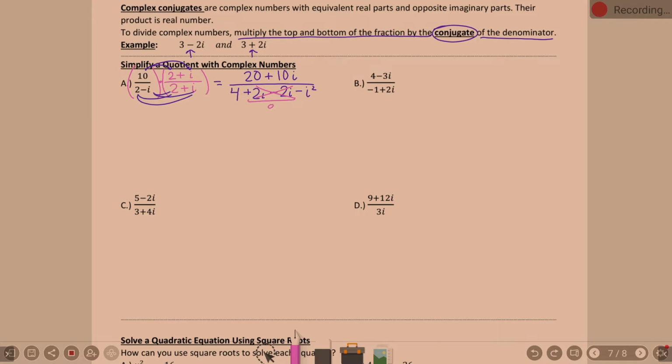What is i squared? Negative 1. So this really becomes minus negative 1. What's minus negative 1? Plus 1. And what are we adding that to? 4. Okay, so let's rewrite what we have. My numerator is still 20 plus 10i. My denominator, we have the 4 minus negative 1. 4 plus 1, which is 5.